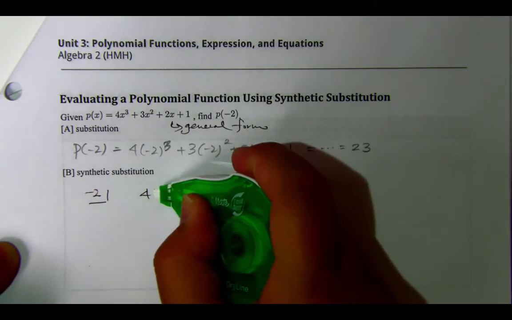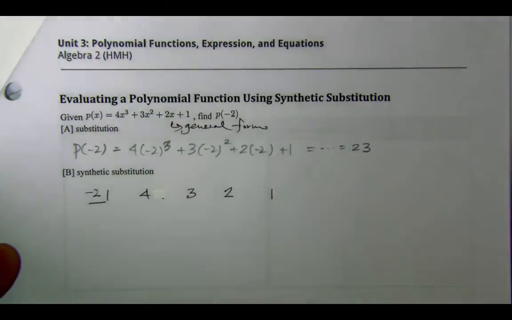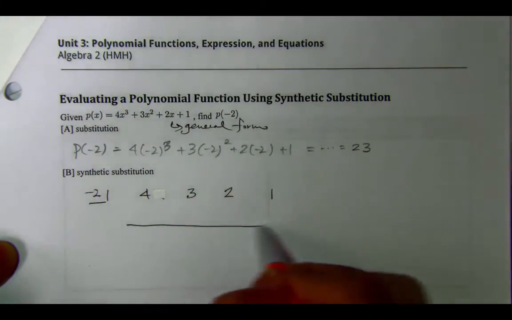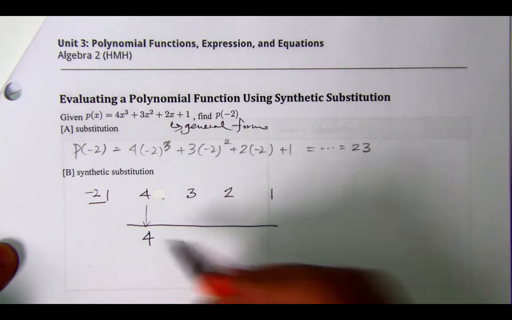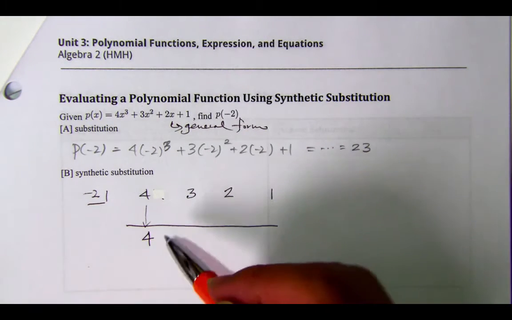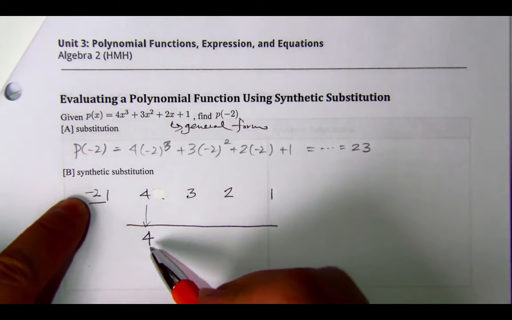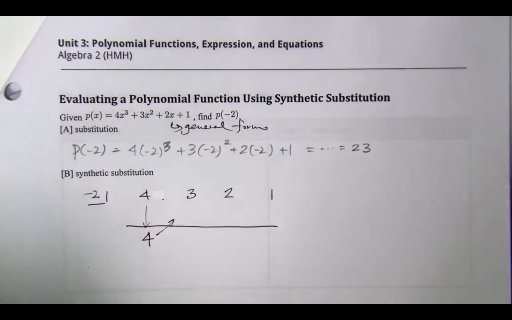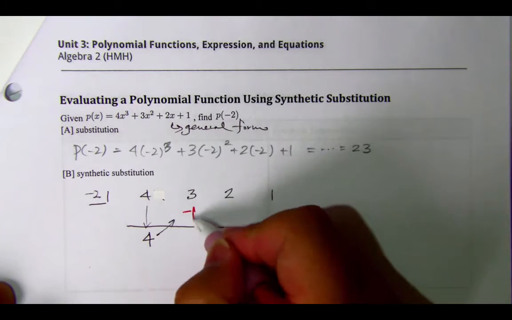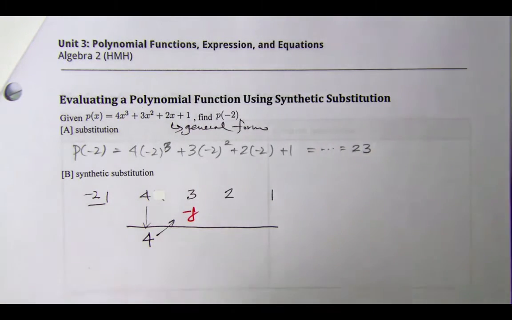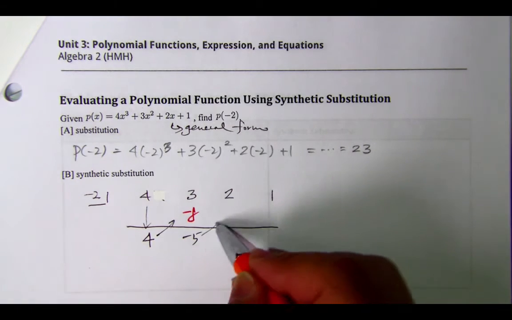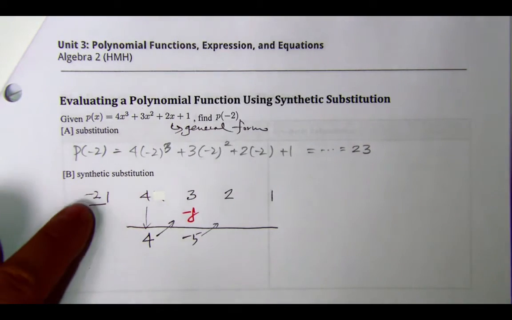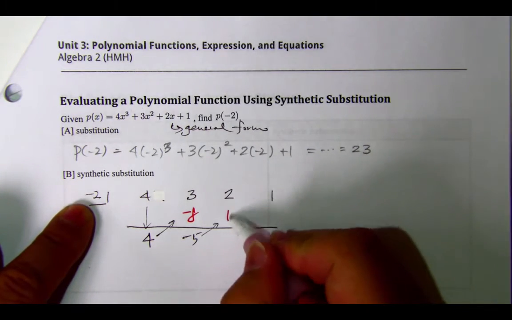And the way this thing works is you bring down the number 4, and then you multiply the number here. -2 times 4 gives you -8. See that right there, guys? -8. And then when you combine them, that gives you -5. And then to go up here, you multiply by -2, which will give you 10.